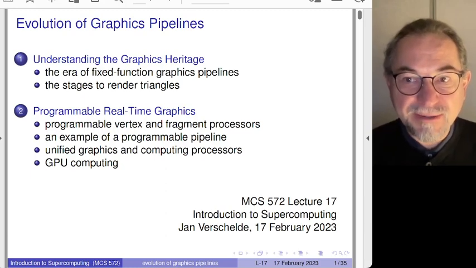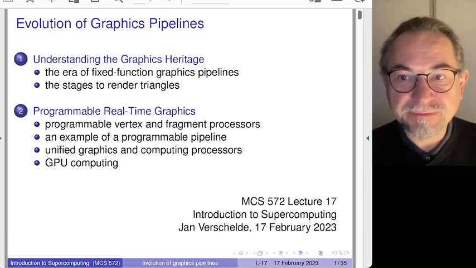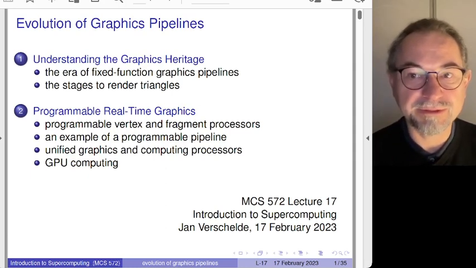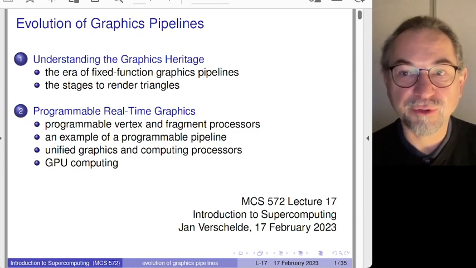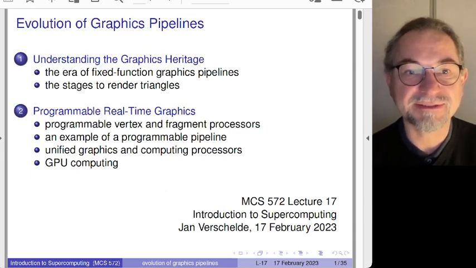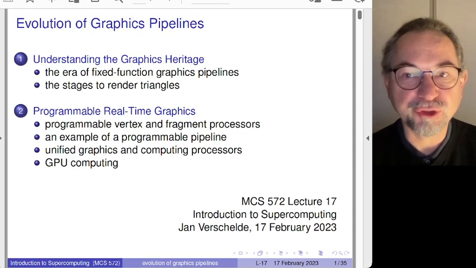So I must admit that this is not my cup of tea, hardware, and in a way it's asymmetric with what we did earlier in the course. We did not spend quite some time on the internals of the CPU hardware, somehow because I was supposing that this is already well understood.